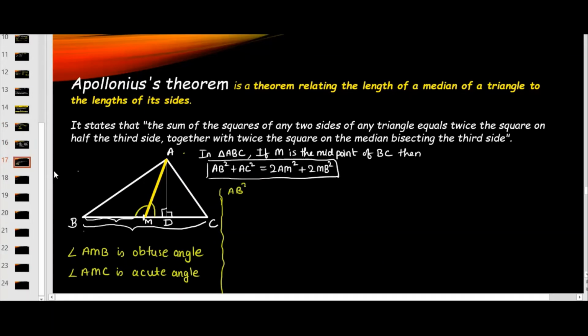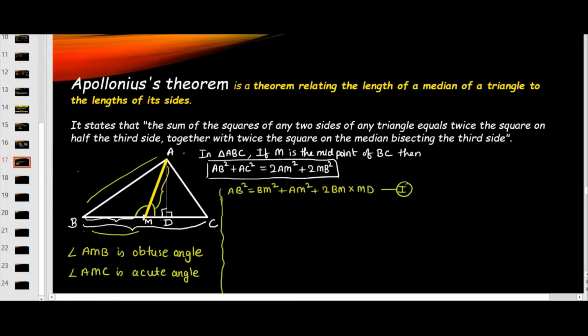That is, AB square is equal to BM square plus AM square plus 2 times BM multiplied by MD. According to the theorem we have written here, AB square is equal to BM square plus AM square plus 2 times BM multiply MD, that is this side.